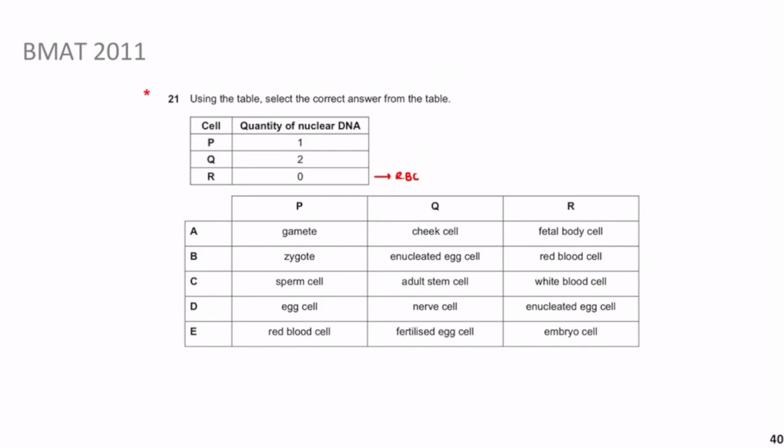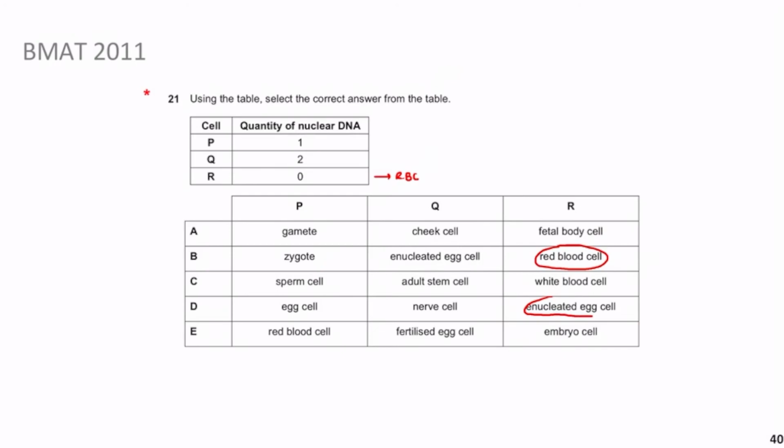So already, guys, we know that R is going to be a red blood cell, or another possibility they give here. Another possibility that can obviously happen, which isn't so natural, is an enucleated egg cell.